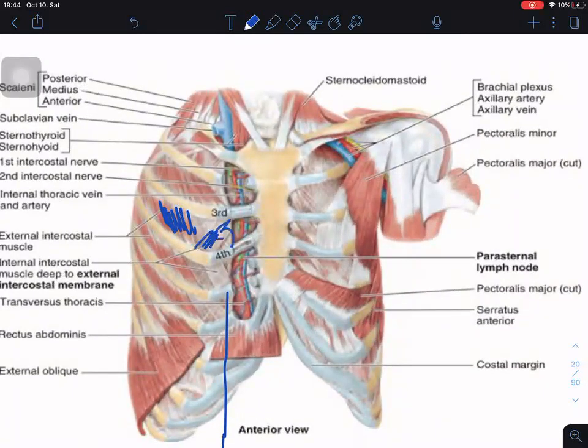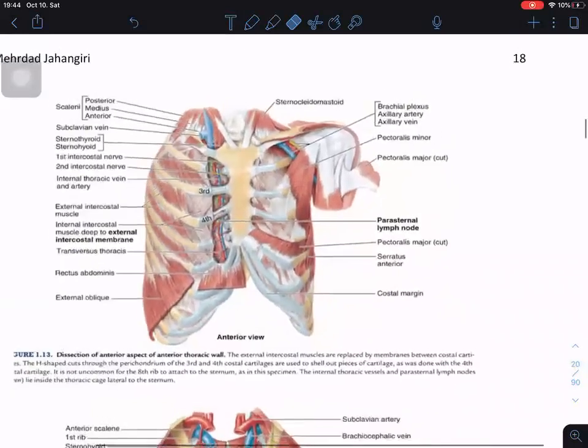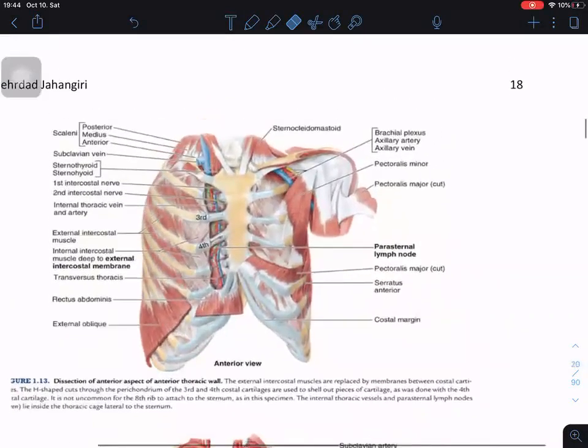Then deep to it, you will be able to find the muscle fibers of the internal intercostal muscle. And what else I want to tell you is that the external intercostal muscle is an inspiratory muscle. It helps with inspiration during the movements of the rib cage.